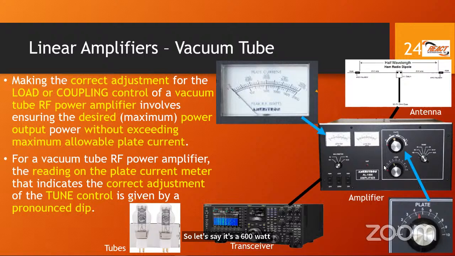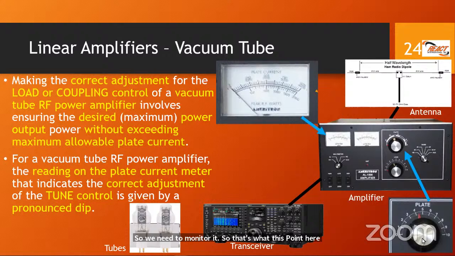But we need to make sure that we do that without exceeding the maximum plate current. If you remember when we did vacuum tubes, we had a plate current. We do not want to exceed it because we could cause things to overheat. We can destroy our tubes if we apply a current that is too high for that particular tube. So we need to monitor it. So that's what this point here is about.